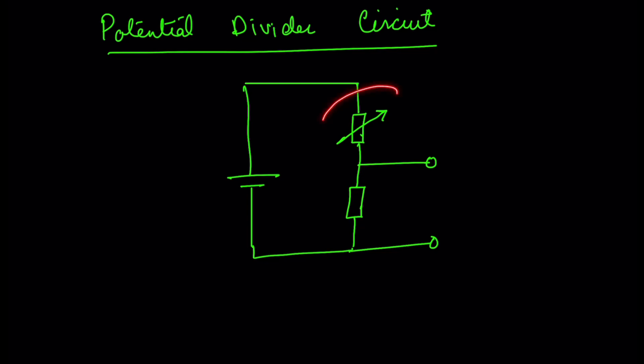Now this is another type of resistor, we call it the variable resistor. A variable resistor is a resistor whose value can be changed, whose value is not fixed. Okay, so that's the variable resistor. Now that's negative, that's positive. The current flows through the circuit like that. For example, the total voltage of the cell is 12 volts.